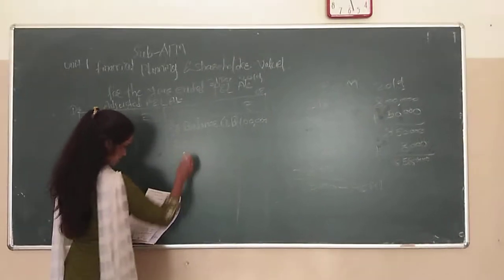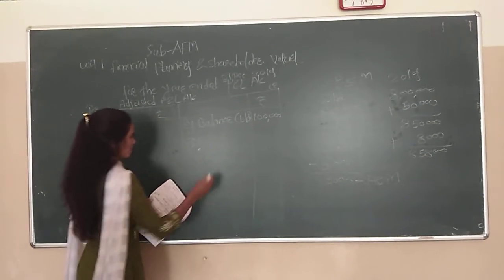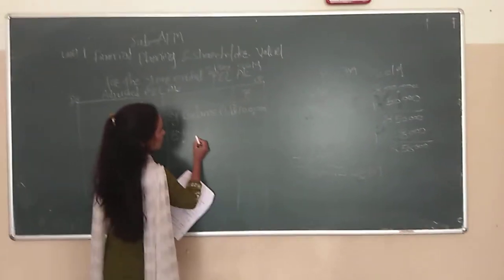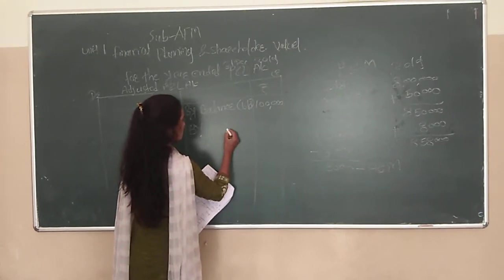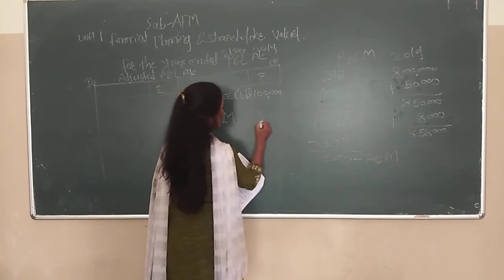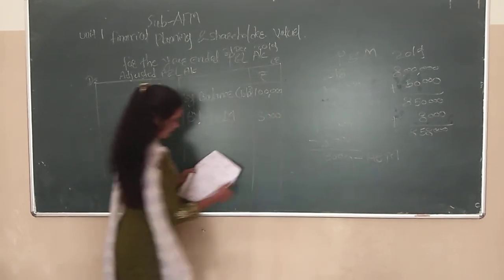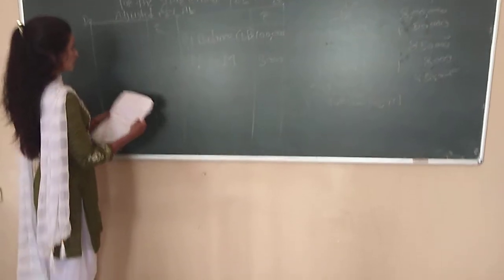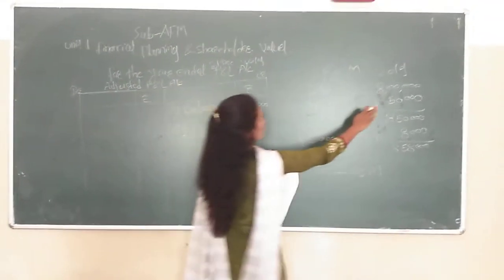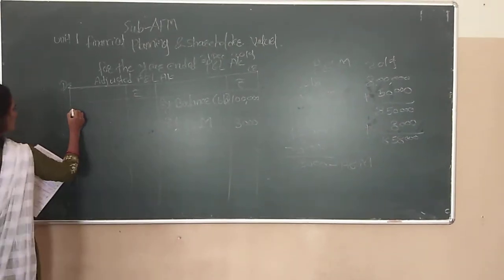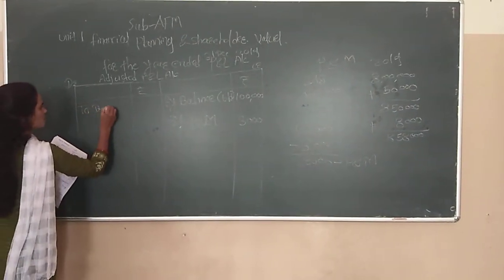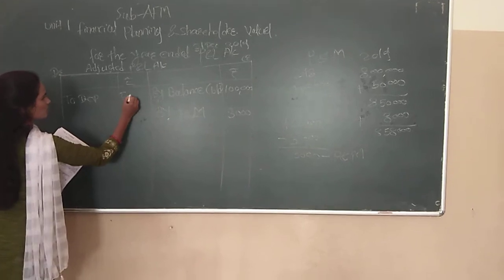So, by loss on plant and machinery, 3,000. And next, depreciation charge 50,000, by depreciation 50,000.